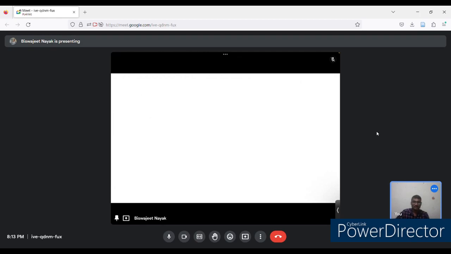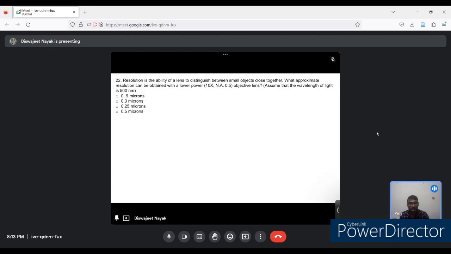The resolution is the ability of a lens to distinguish between small objects close together. What approximate resolution can be obtained with a low power objective lens? Assume the wavelength of light is 500 nanometer.